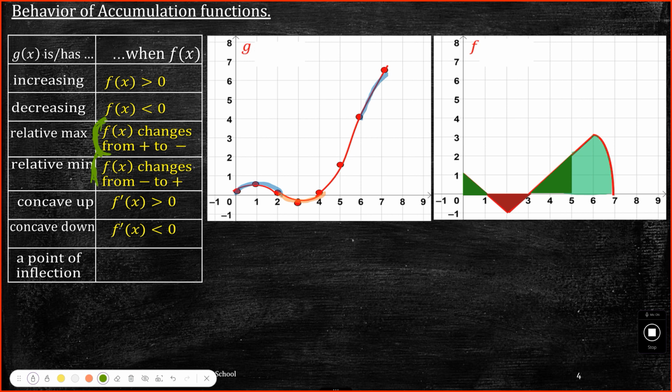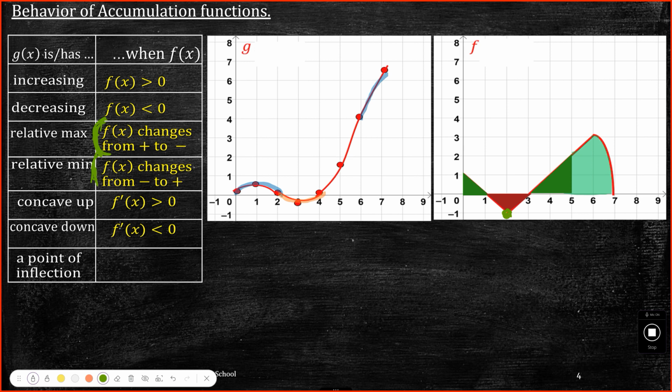So G has a point of inflection. Where does G have a point of inflection? That's it, 2. Why is it at 2? F prime is equal to 0? Are we going to say that f prime is equal to 0?